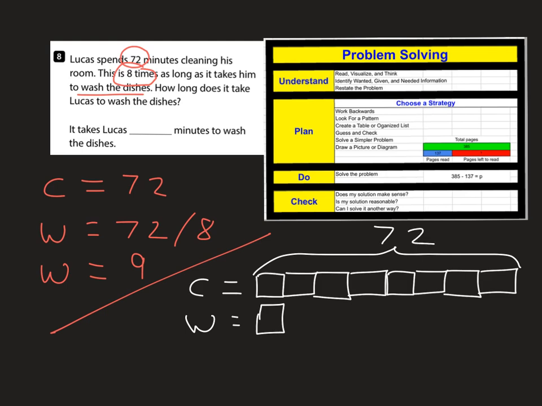So I need to take 72 and divide that into 8 equal groups of 9. 1, 2, 3, 4, 5, 6, 7, 8. So I know that this is 8 times more than washing dishes. So it takes Lucas a total of 9 minutes to wash the dishes.